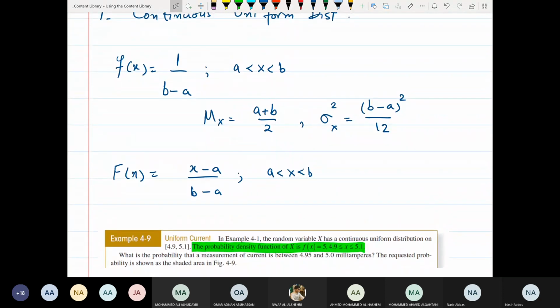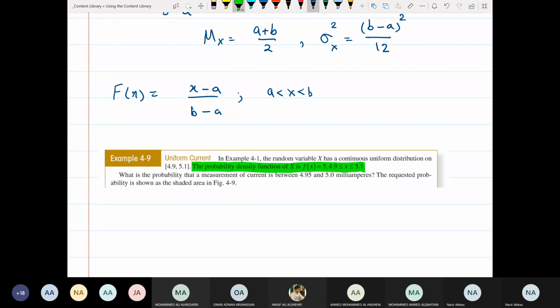Look at the probability density function formula from the formula sheet. It is 1 over upper limit minus lower limit. So when they tell you that x is from 4.9 to 5.1, you should be able to write that f of x is 1 over 5.1 minus 4.9. You don't need this green part.